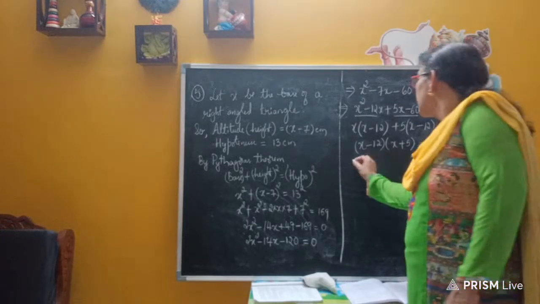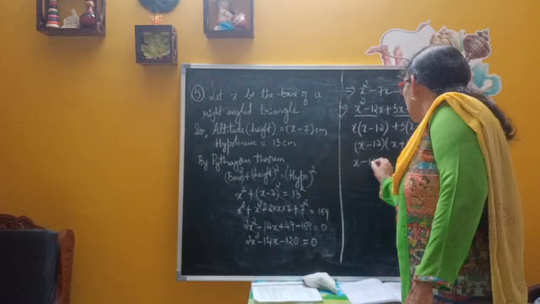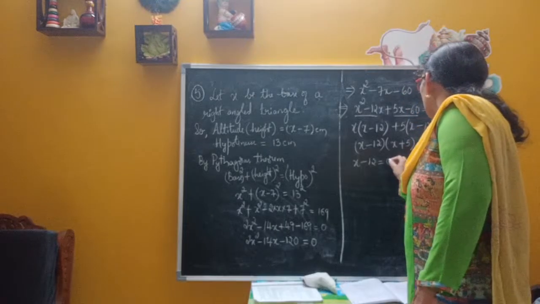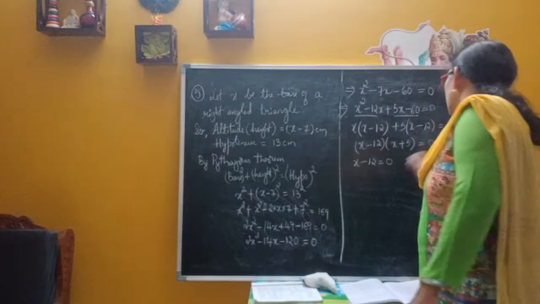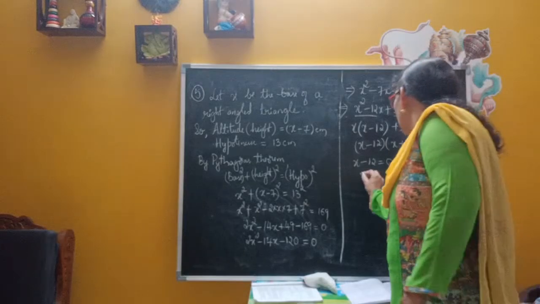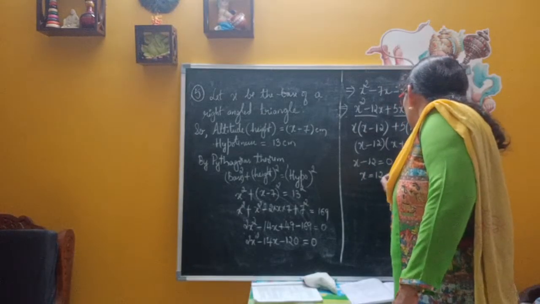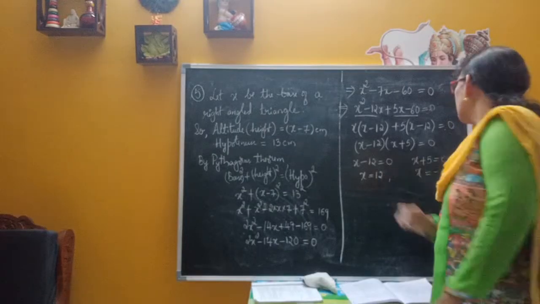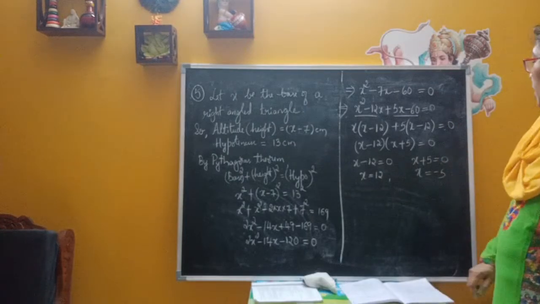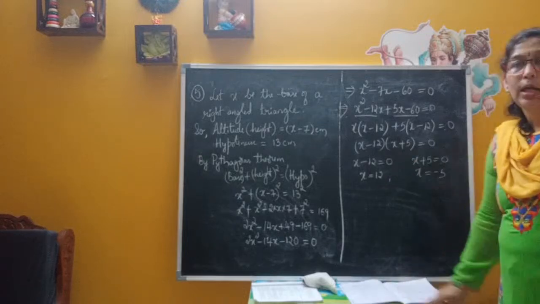Let us use the zero product rule. x minus 12 is equal to 0 and x plus 5 is equal to 0. So x minus 12 is equal to 0, what do we get? x is equal to plus 12. And here x plus 5 is equal to 0, so x is equal to minus 5. Now which value do we need to take?